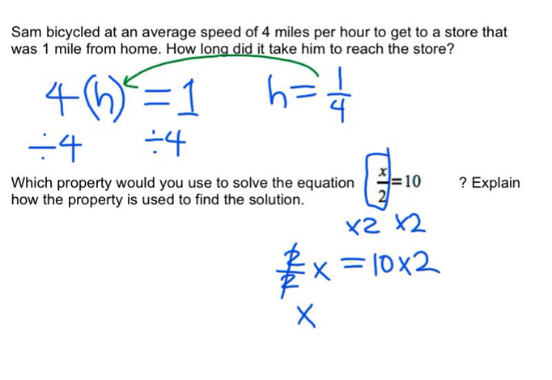So this cancels out, and it's now equal to 20. And that's your answer. In terms of how the property is used, you're just multiplying by the same thing. You're multiplying by 2 on both sides, and that's allowing you to isolate this variable.